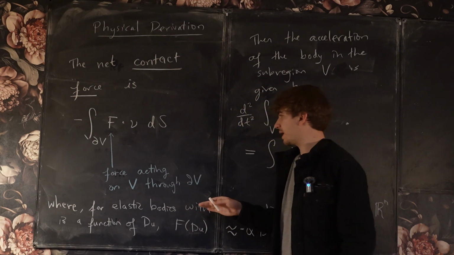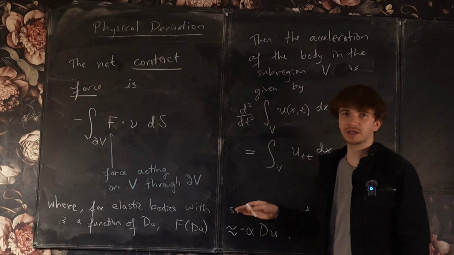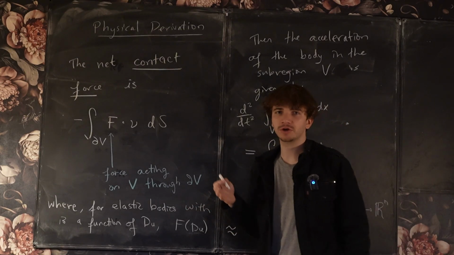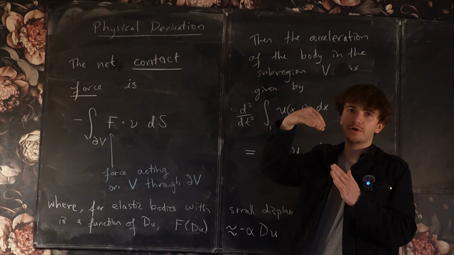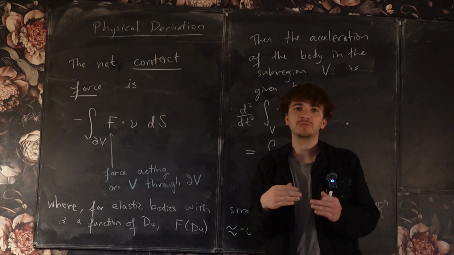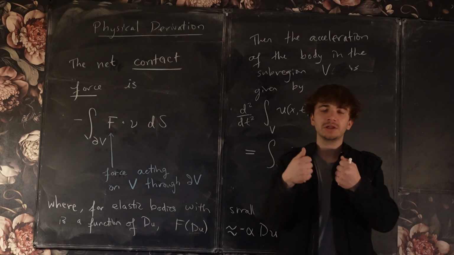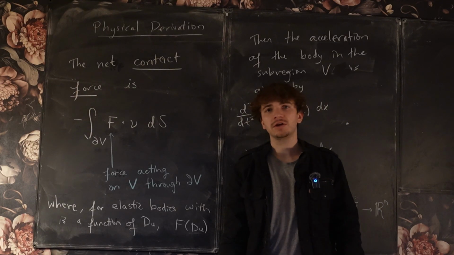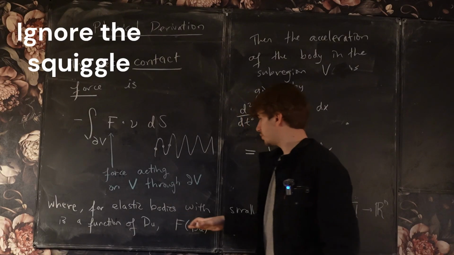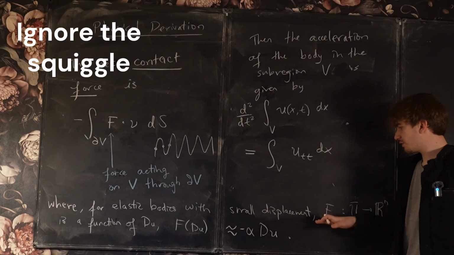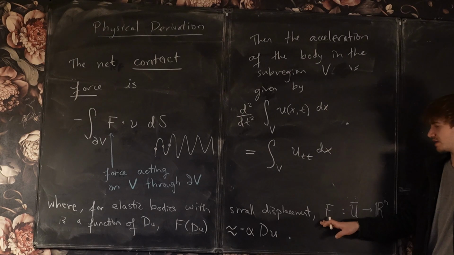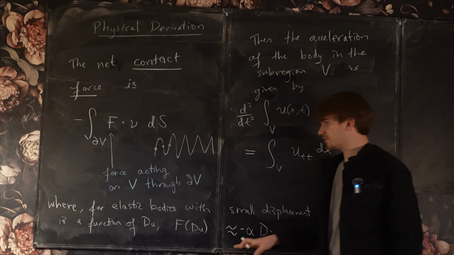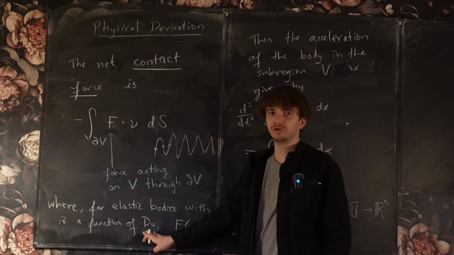And then for an elastic body, this force will be a function of the gradient, okay? Because for a higher gradient, intuitively speaking, there's going to be a larger elastic force which tries to dampen the gradient of u. So we want our elastic force, or contact force F, to be a function of the gradient of u.